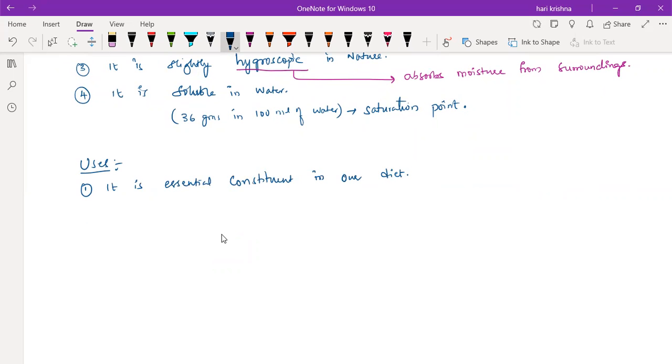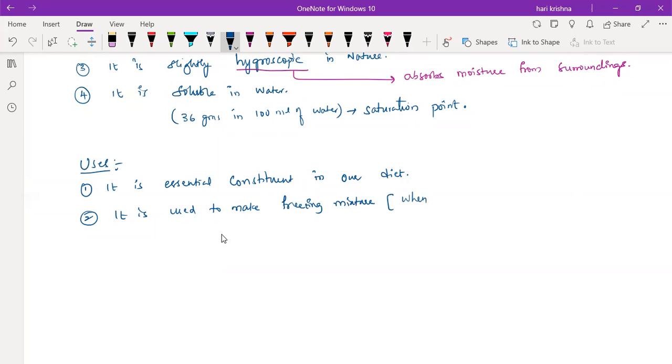Next, it is used to make freezing mixture. When mixed with ice, it forms the freezing mixture.